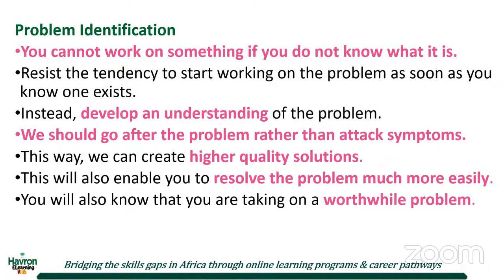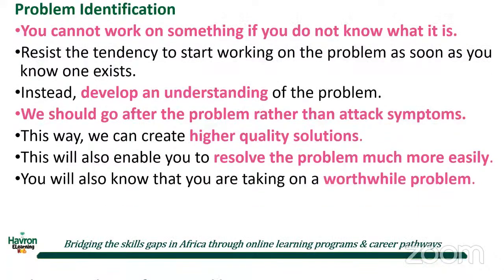Resist the tendency to start working on a problem as soon as you know it exists. Instead, develop an understanding of the problem. We should go after the problem rather than attack symptoms. This way, you can create higher quality solutions. This will also enable you to resolve the problem much more easily. So we also know that you are tackling a worthwhile problem.